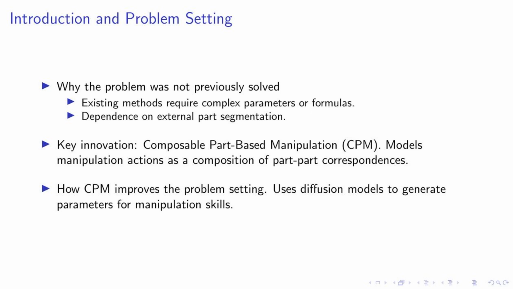Furthermore, CPM uses diffusion models to generate parameters for manipulation skills, enhancing the problem setting. This approach allows for a more intuitive and efficient way to teach robots how to manipulate objects, opening up new possibilities for the field. This is a significant step forward in our quest to make robots more adaptable and capable in a variety of tasks.